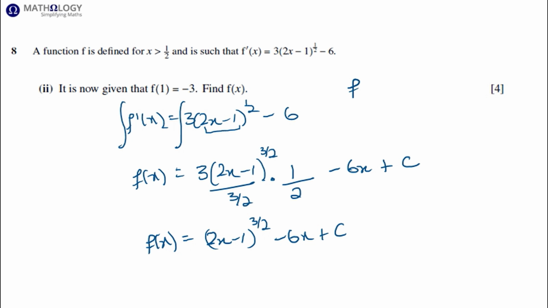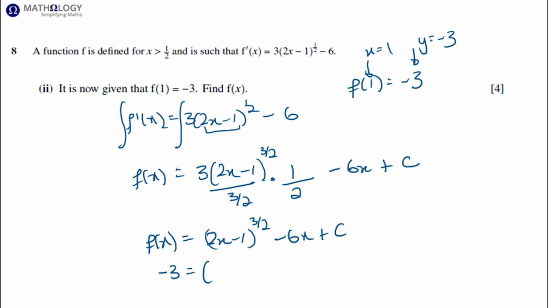And we are told that f of 1 equals minus 3. In other words, when x is 1, y is minus 3. So minus 3 equals 2 times 1 minus 1 is 1. 1 to the 3 over 2 is just going to be 1.